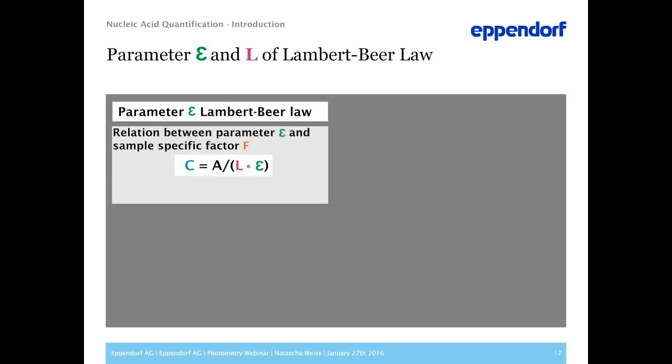On this slide, I would like to give you some more information about parameters of the Lambert-Beer Law. The molar extinction coefficient epsilon is valid for specific sample types at a specific wavelength.